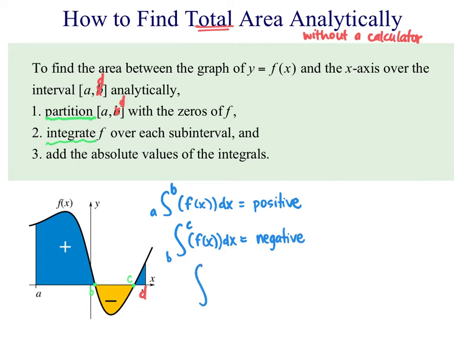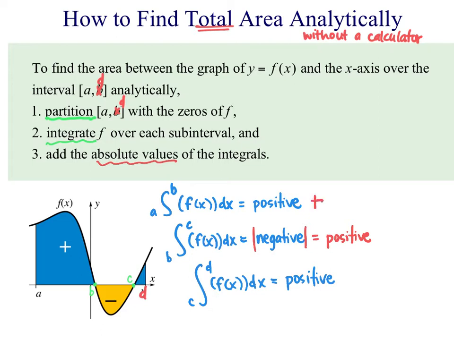And then we will do from c to d of f of x, and that will be positive again. And then we need to add the absolute values. So the one that needs the absolute value is this negative one. And so then that would make it positive. And then you add them all up. So you'll have positive plus the positive, and then you'll have your total when you add up all the values together. So that's the strategy.